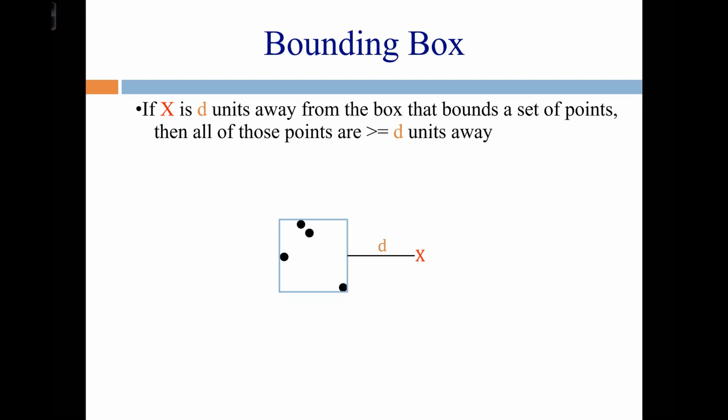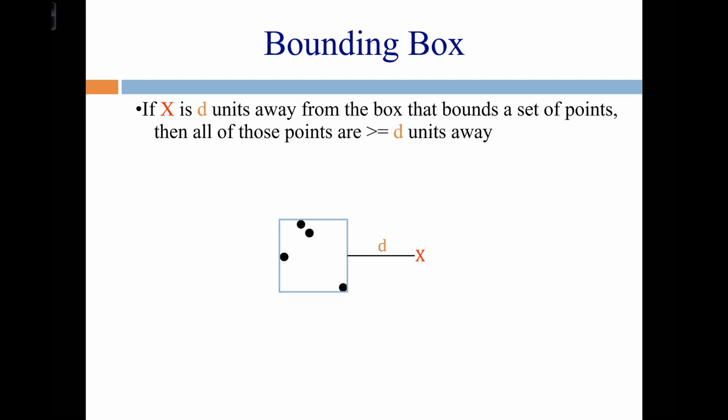You could maybe rotate the box to get it a little smaller, but that makes it a lot harder. And then the intuition here is that if the red point X is the point I'm interested in, I can easily calculate the distance between X and the box, and then that tells me that the distance between X and any point inside the box is greater than D. So, right, if I have to go D just to get to the box, then I have to go further than D to get to anything inside the box.